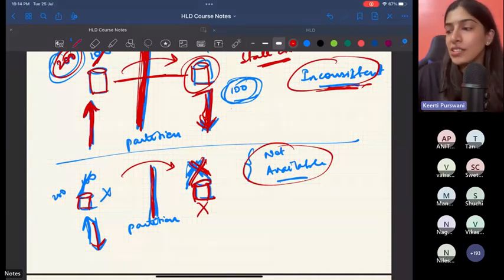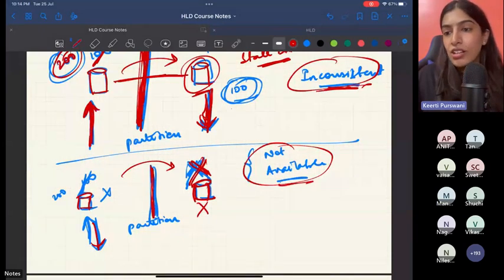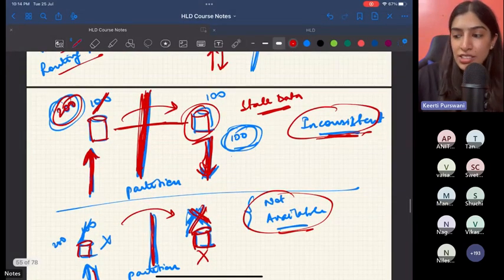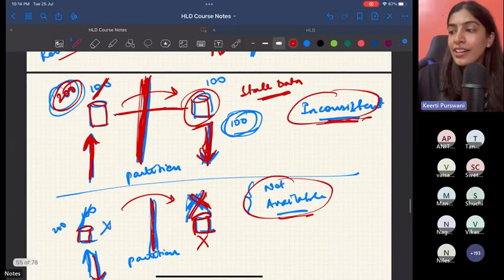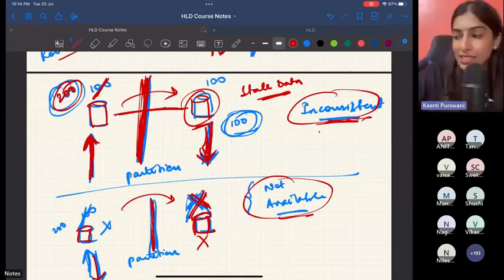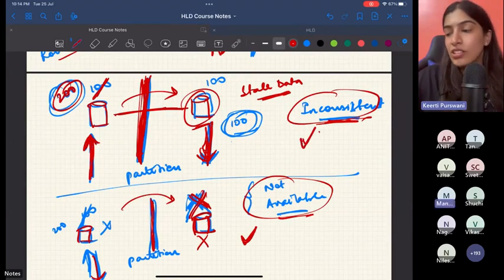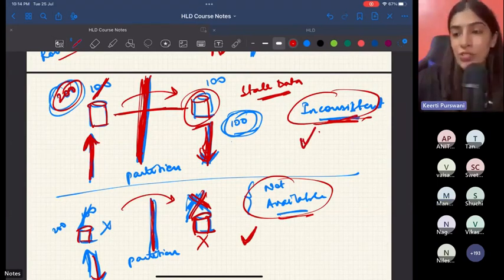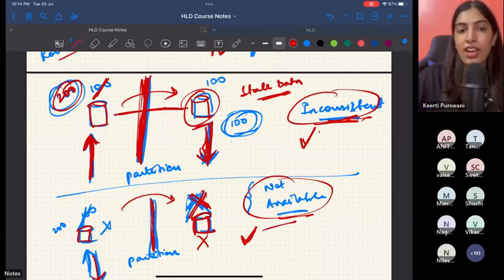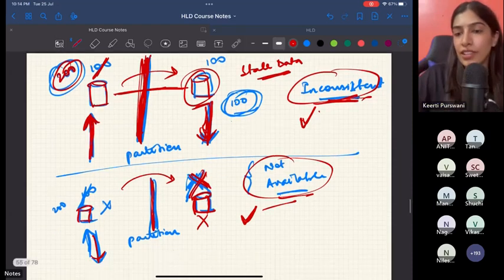So now the system is not available. So when we have a partition, we can either have a consistent system or we can have an available system. Either our consistency will go for a toss or our availability will go for a toss. Has everyone understood this?